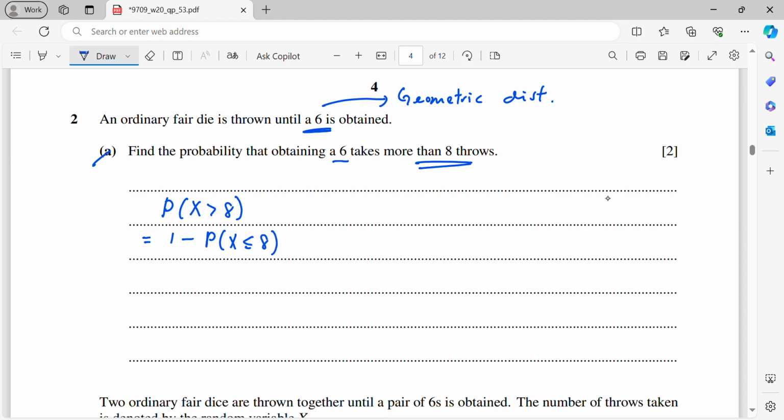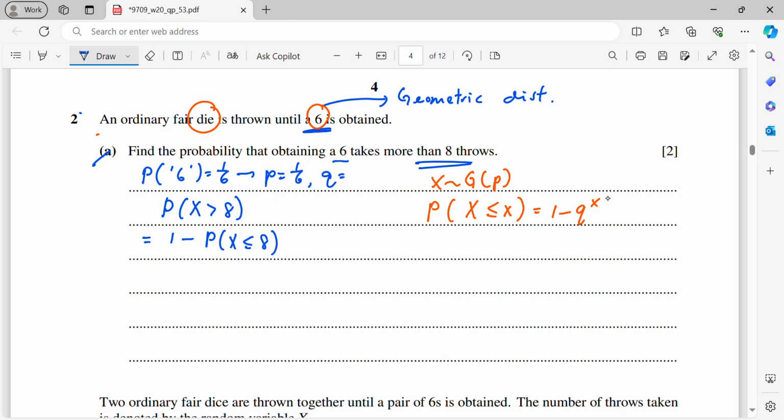Use the complementation rule. Now for your information, if x is geometric distributed with p, or just write G here, G means geometric distributed with p, the probability that x is less than or equal to small x will be 1 minus q to the power of x. So now a fair die to get 6, the probability of getting 6 is 1 over 6, which means my p is 1 over 6, then my q is 1 minus 1 over 6, which is 5 over 6.